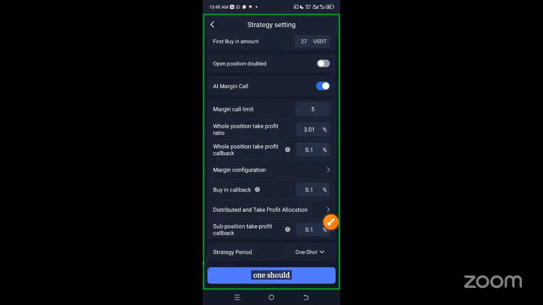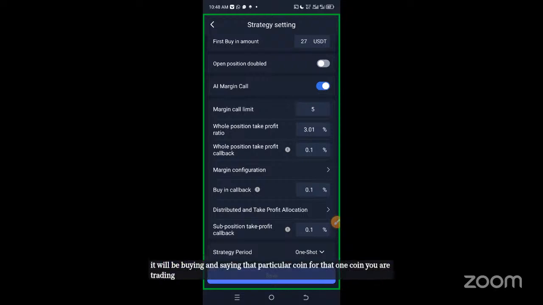If you trade in cycle, the robot will buy and sell continuously in a cycle mode. It will be buying and selling that one coin you are trading, continuously in a cycle mode.